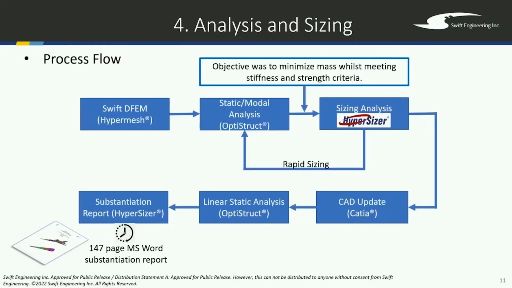So this is a flow chart. Everyone probably follows this in some form or fashion. This is just a pictorial to show you the flow of the optimization. Rapid sizing is the key right here because this was run within 20 minutes. We didn't have a mainframe cluster or anything.